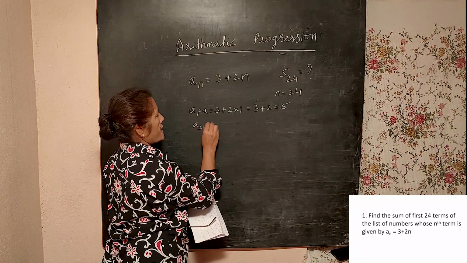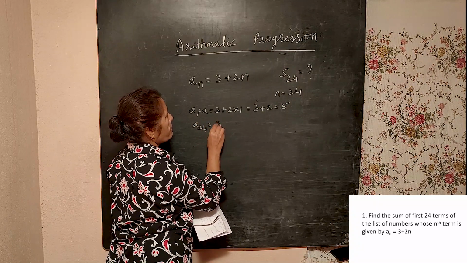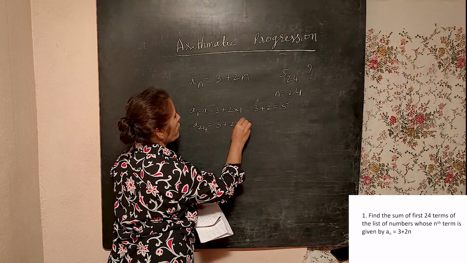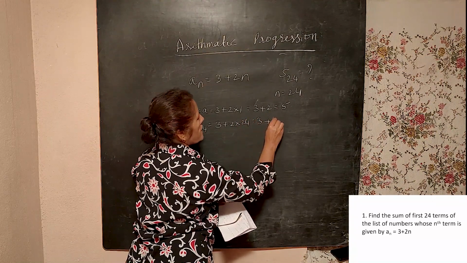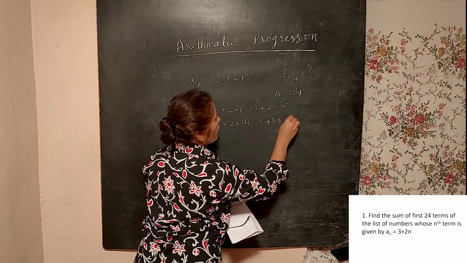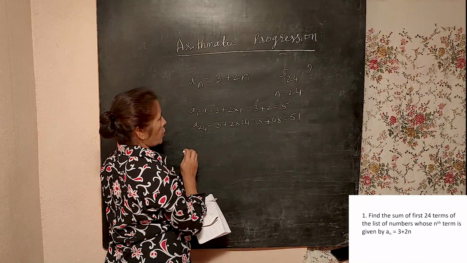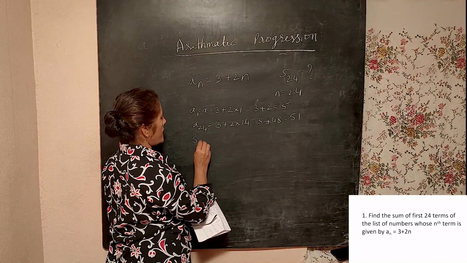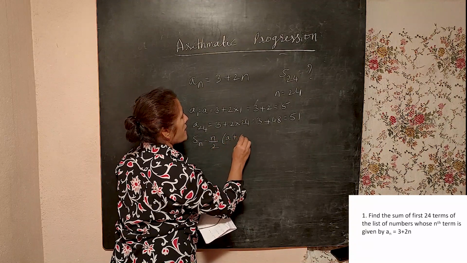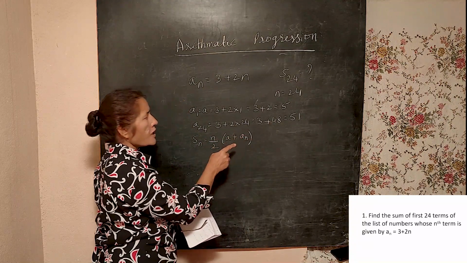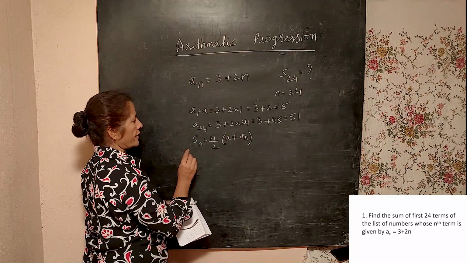a24 is equal to 3 plus 2 into 24, is equal to 3 plus 48, is equal to 51. So Sn is equal to n by 2 into (a plus an). This is the formula I can use here.